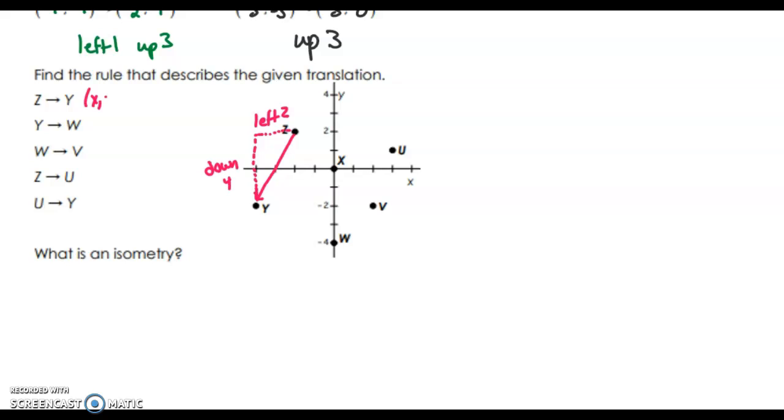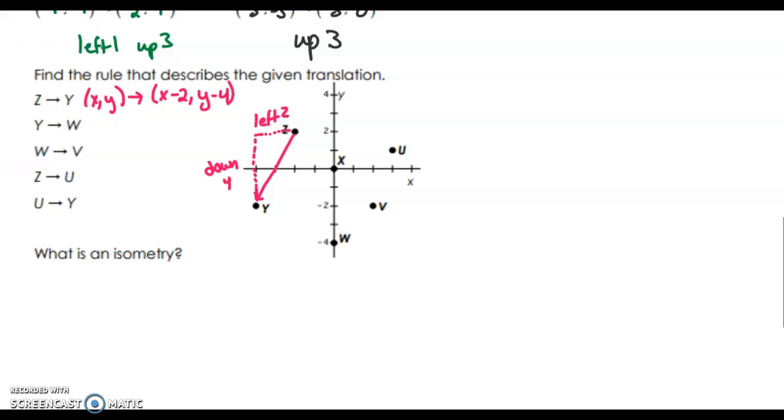So to write that rule, it'd be x comma y arrow. You have to have that beginning. You can't just put the end part. It's all together. It's indicating that the original point changes by doing left 2 is x minus 2, down 4 is y minus 4. Okay, let's try another one.